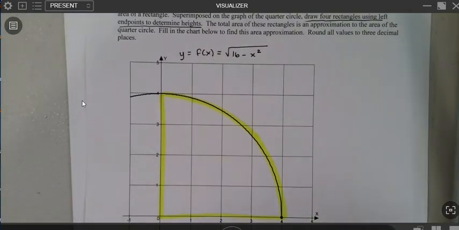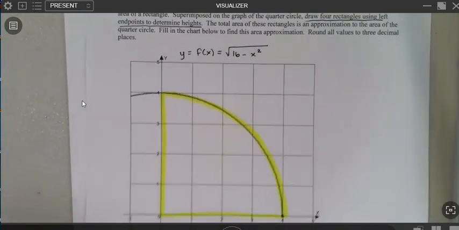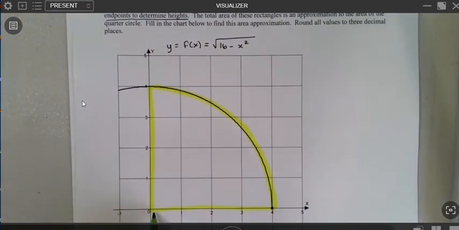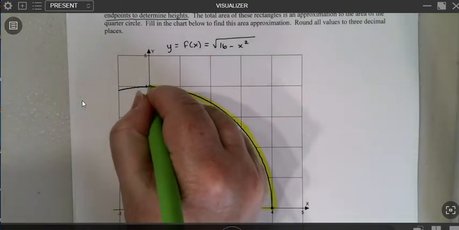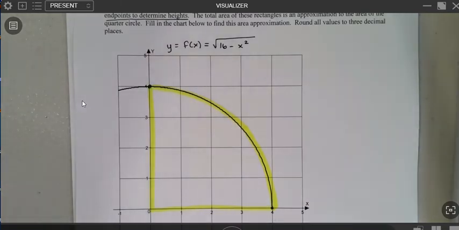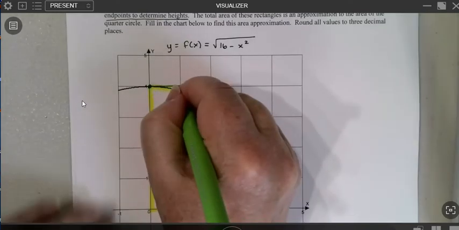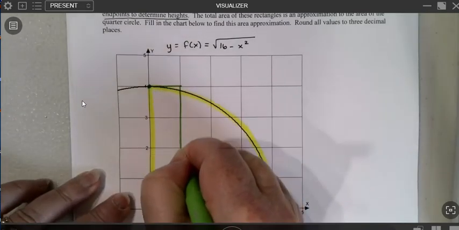So my first rectangle, well, actually, first of all, I should probably point out that if I'm going to draw 4 rectangles, each one would have a base of 1 unit. And so if I start on my very leftmost endpoint, that would be up here with a y value of 4. And I'm just going to kind of make a rectangle by leveling it off.